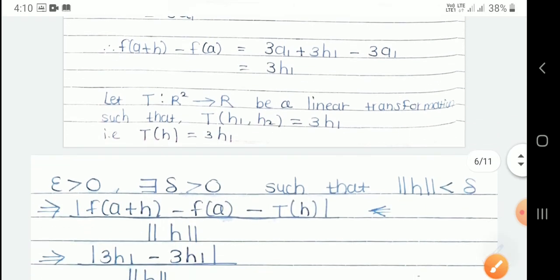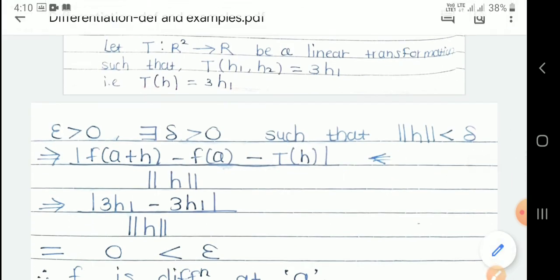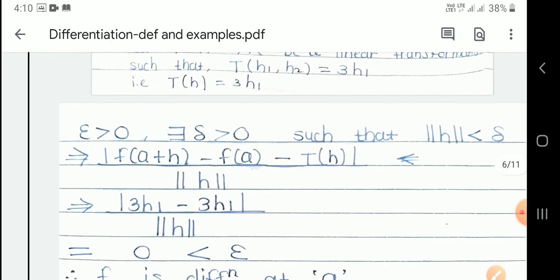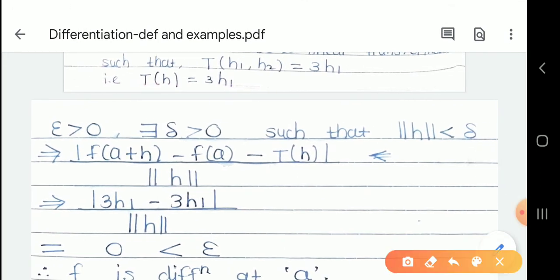So now let us use the definition. For epsilon greater than 0, there exists delta greater than 0 such that norm h is less than delta.